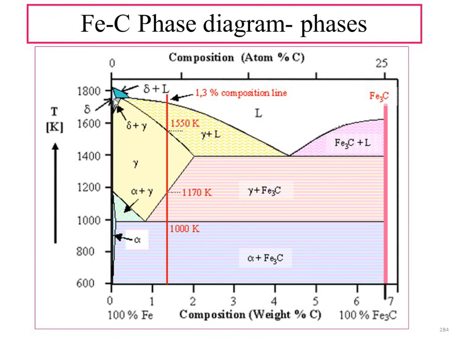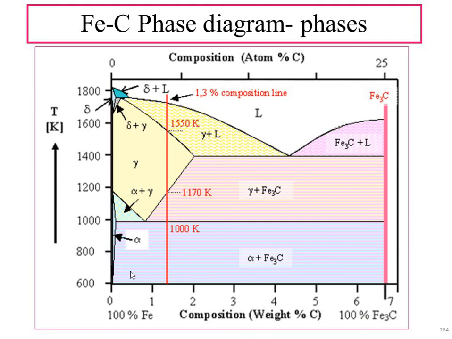This small portion is delta plus gamma, and here it is the totally pure gamma phase. Crossing this line, we have alpha plus gamma phase, and here it is pure alpha phase. And here we have alpha plus iron carbide phase.